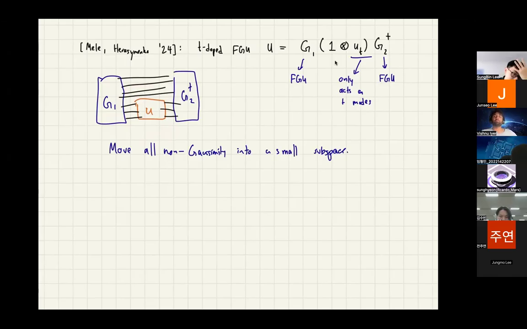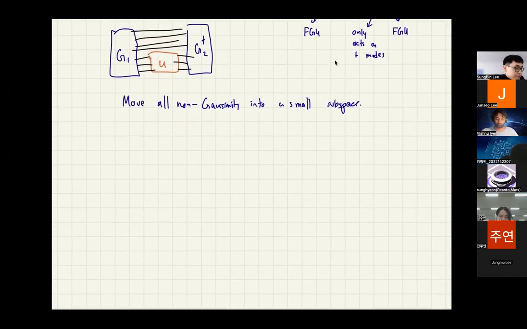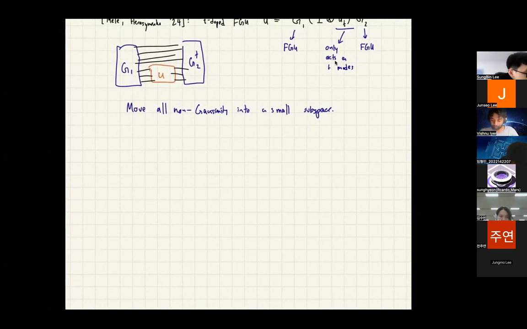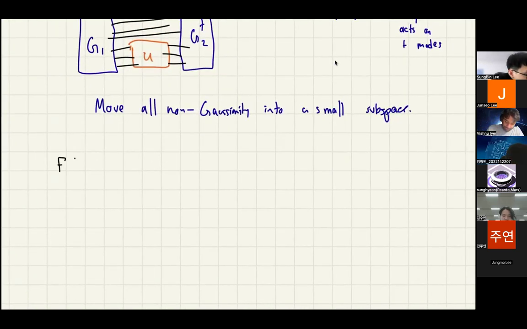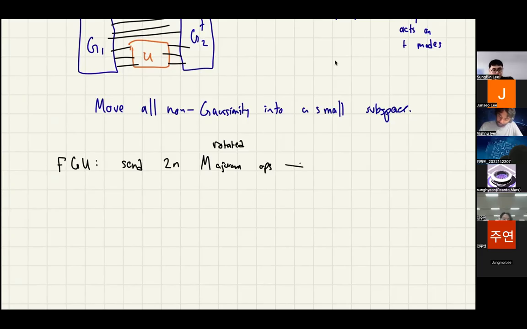And so here's what I was able to show. Okay? So a fermionic Gaussian unitary sends 2n Majorana operators, you send 2n rotated Majorana operators, each to 2n rotated Majoranas.